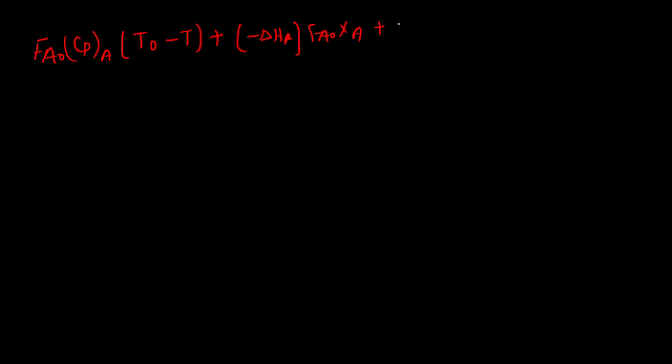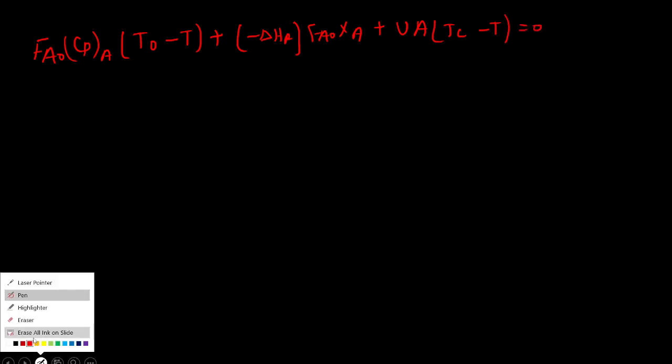Yeah, so basically what I was trying to derive here is the formula: Fa naught Cp of A (T naught minus T) plus (minus delta H of R) Fa naught Xa plus UA (Tc minus T) is equal to 0, right?